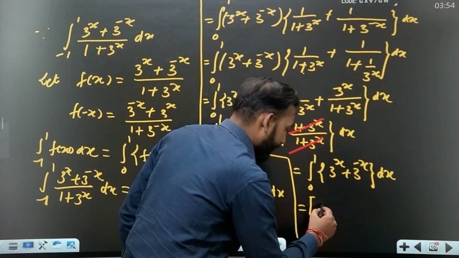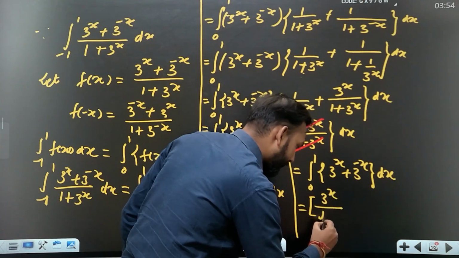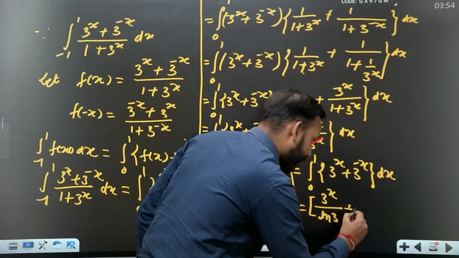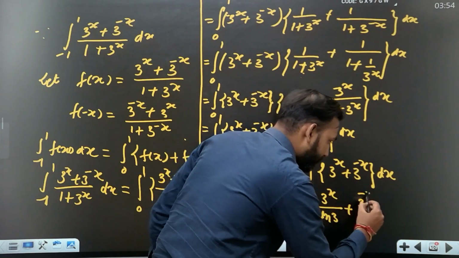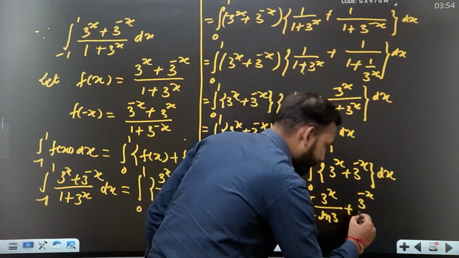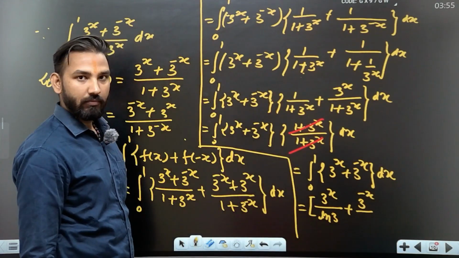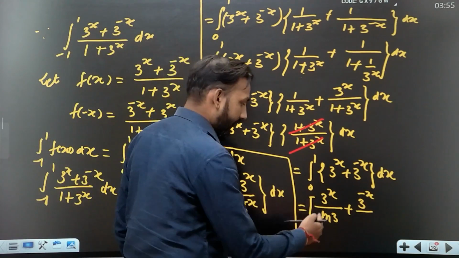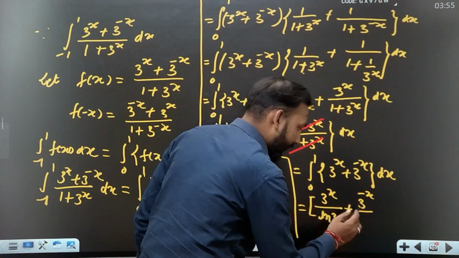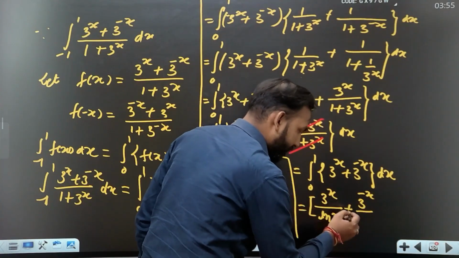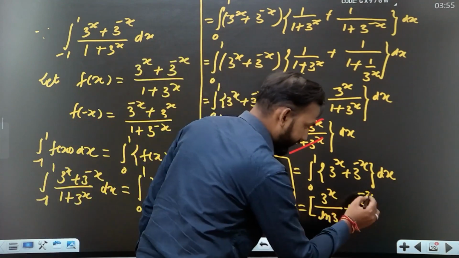3 to the power x over ln 3 plus 3 to the power minus x, right? And integration of this particular x is divided by 1, and this will be negative, right? Because we divide by the differentiation of this thing.